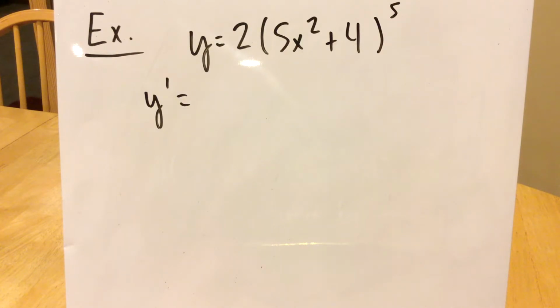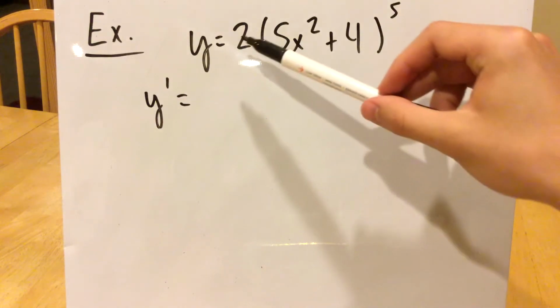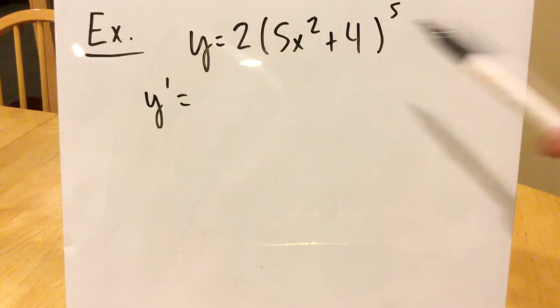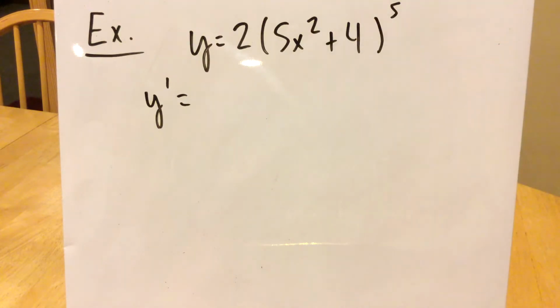Here we have our chain rule example. We have y equals 2 times (5x squared plus 4) all to the 5th power. If we remember, the chain rule is the derivative of the outside times the derivative of the inside. The outside would be the 2 and the 5, and the inside would be 5x squared plus 4.